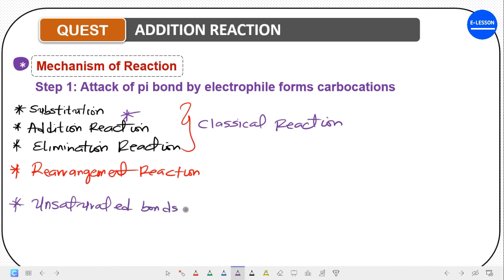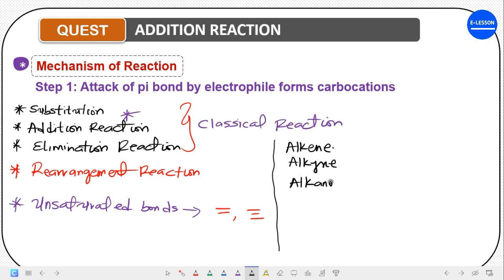Now, in organic chemistry, the major unsaturated bonds we have are the double bond, and then we have the triple bond, which can be seen in the functional groups such as the alkene, the alkyne, the alkanoic acid, then we have alkanol, which are the ketones, and then we have the alkanal, which are the aldehyde.